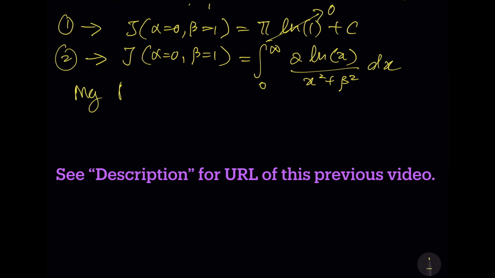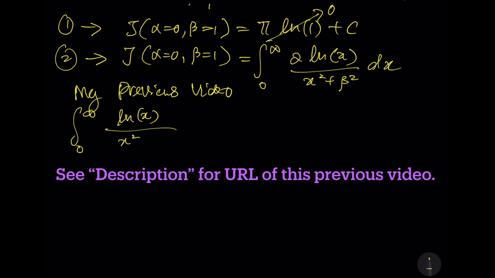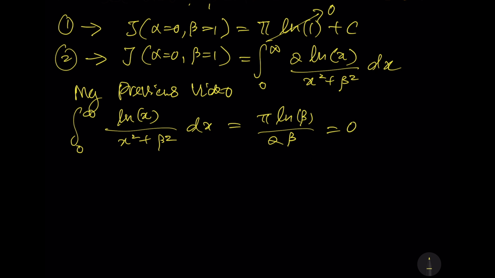In one of my previous videos some weeks ago, we successfully derived and showed that the integral from 0 to infinity of natural log x divided by (x squared plus beta squared) dx equals pi multiplied by natural log beta over 2 beta. In this case it equals 0 because beta for our case is 1. Considering both cases, we can easily conclude that C equals 0.